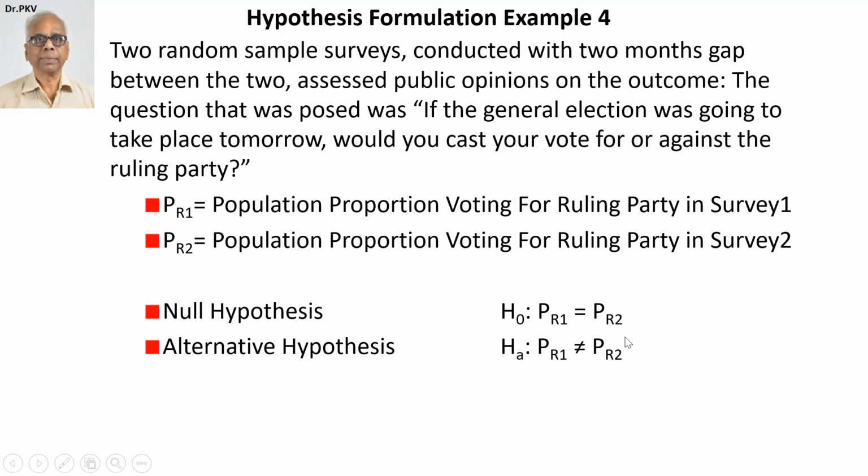Now in this example, the alternative does not have a direction. It is not equal. Once the null is rejected, the alternative says, I do not know if PR1 is greater than PR2 or PR1 is less than PR2. This is called the two-tail test, the non-directional hypothesis.